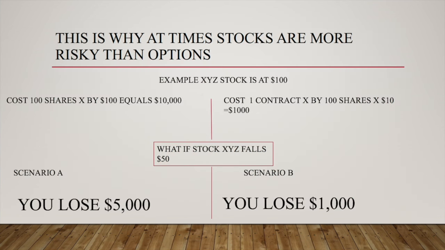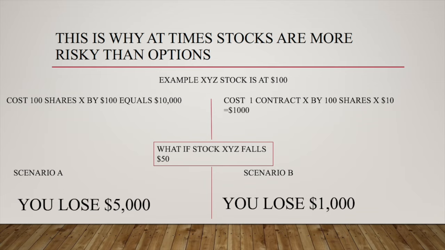Okay, now I'm going to explain to you why at times stocks are more risky than options. We're going to use XYZ stock as an example, as we used last time. XYZ stock is at $100 right now. That's where it's trading at. So if you were to buy 100 shares of XYZ using stock buying power, we're going to buy 100 shares at $100, which equals $10,000.